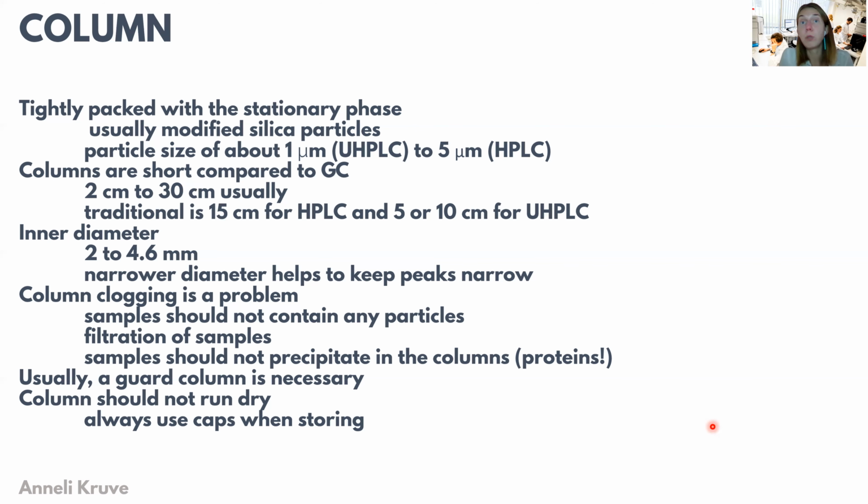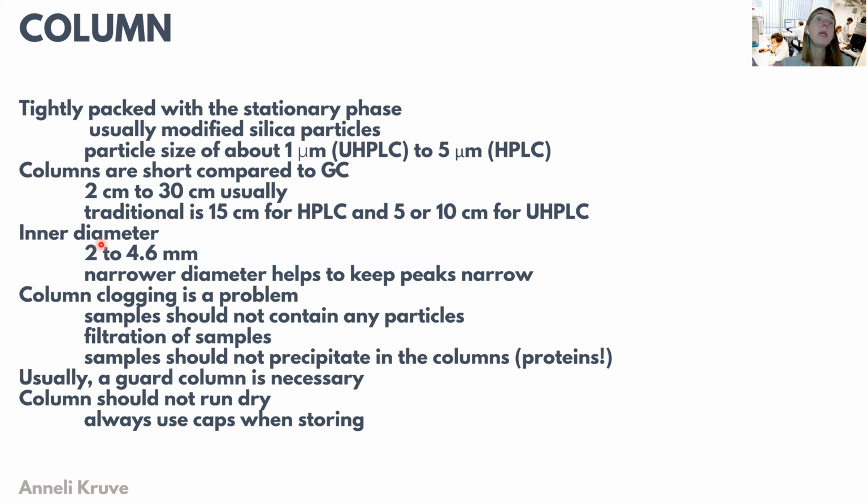And if we make the columns longer, then the separation simply does not really improve very much further, but the analysis time and the run times will increase. So usually the optimum is somewhere around 10 centimeters. Depending on the type of the chromatography, the inner diameter of the column is around a few millimeters.